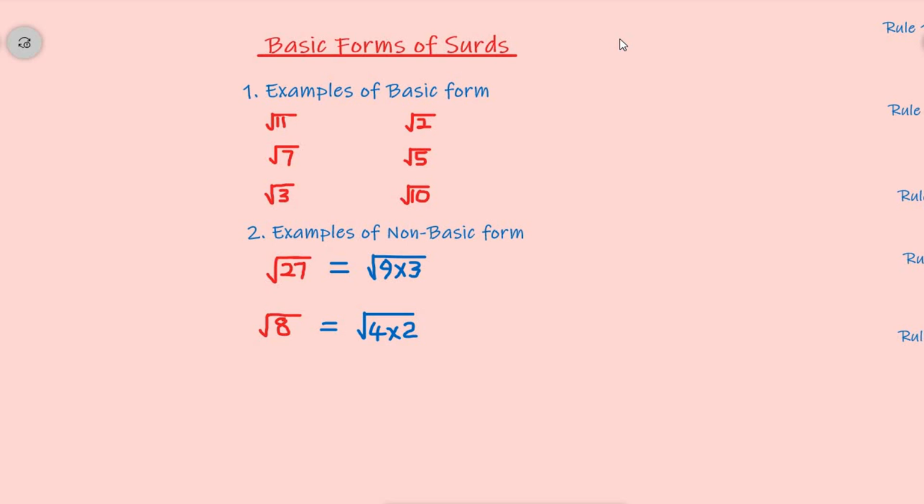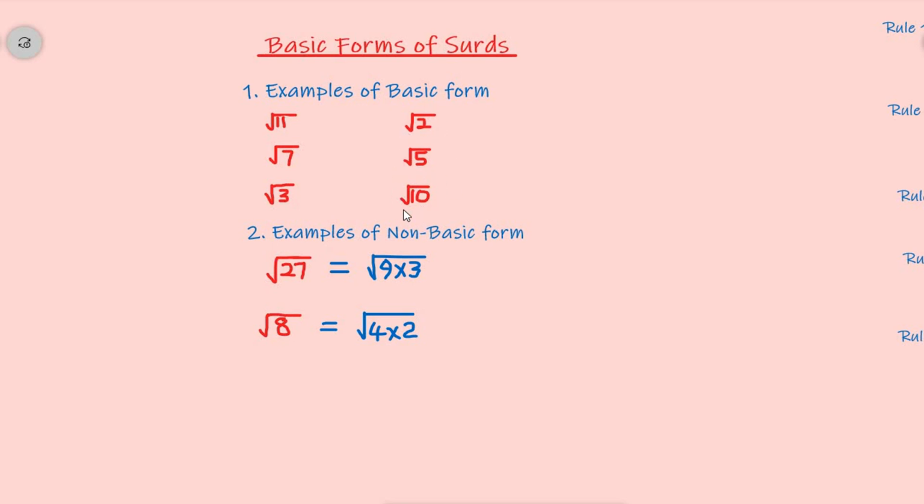Like the square root of 4 itself will give you 2. But in this case, a basic form of a surd is the one that has no perfect square. It cannot be broken down further into a perfect square. So you will still understand as I explain here. But let's go to, you have square root of 11, 7, 3, 2, 5, and 10.